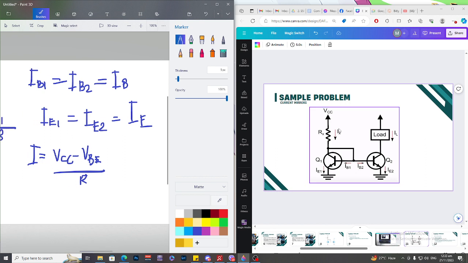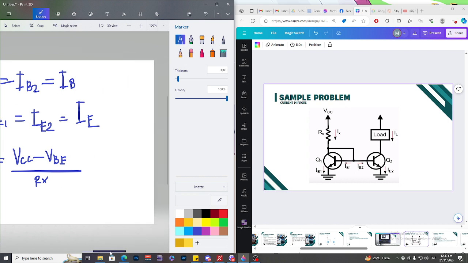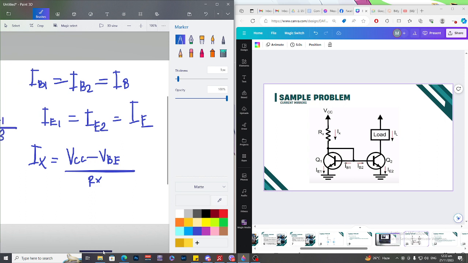Now, since this is labeled as the Ix, we are going to just change the nomenclature. So Ix is just equal to VCC minus VBE all over the Rx, since the resistance has a subscript of X. So just the same. This is still the mirrored current, I mean the I control.